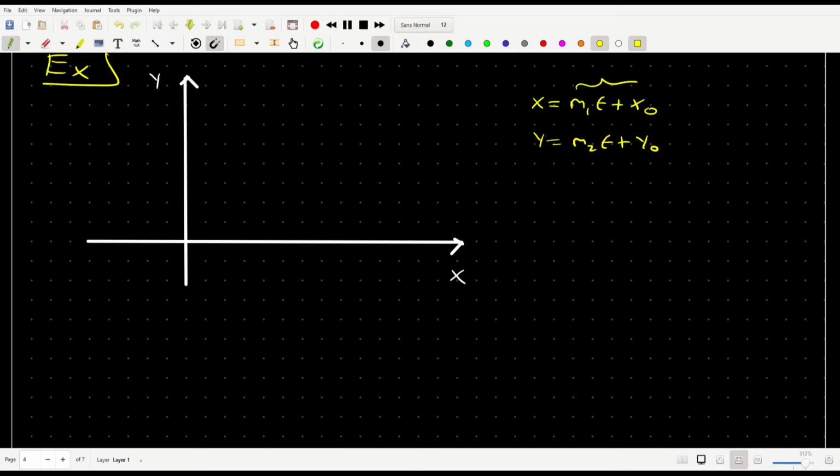This is our f of t. This is our g of t. And we showed before why this is the correct parametric representation of a straight line.